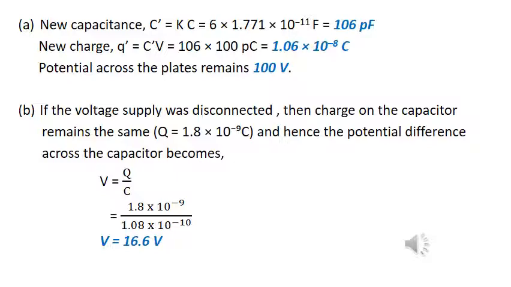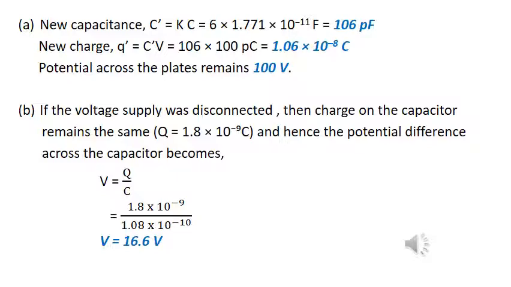And the potential across the plates will remain the same, which is 100 volt. So we can say that if the voltage supply remains connected, the capacitance and the charge of the capacitor will change.